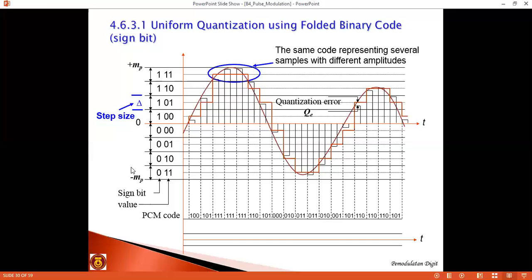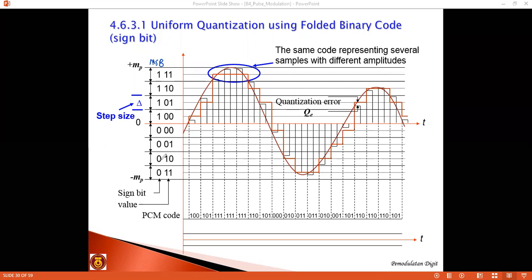In this example of a folded binary code, MSB bit 1 is for positive voltage and bit 0 for negative voltage, so by just looking at our codes, we'll know this is negative.